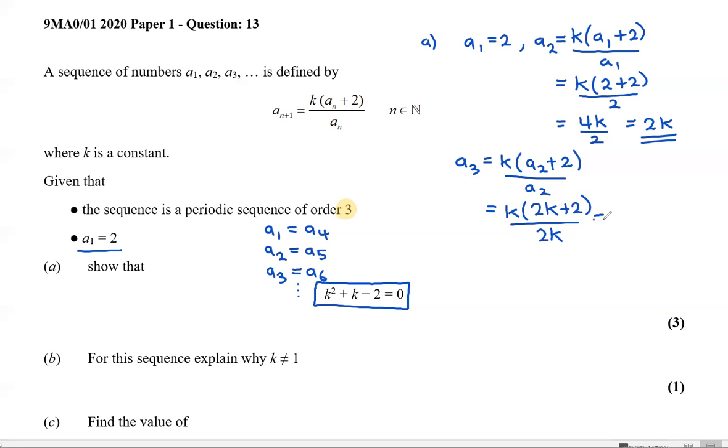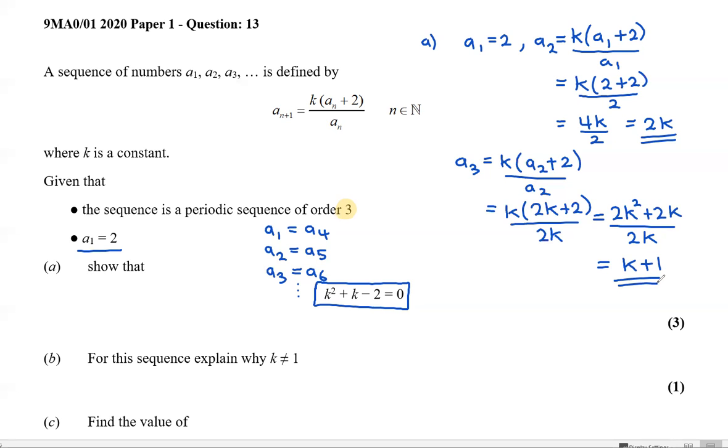So this is going to give us 2k squared plus 2k divided by 2k. And if we simplify that term by term, this was going to give us k plus 1. We're assuming, obviously, k is non-zero. Wouldn't make for a very interesting sequence if it was.